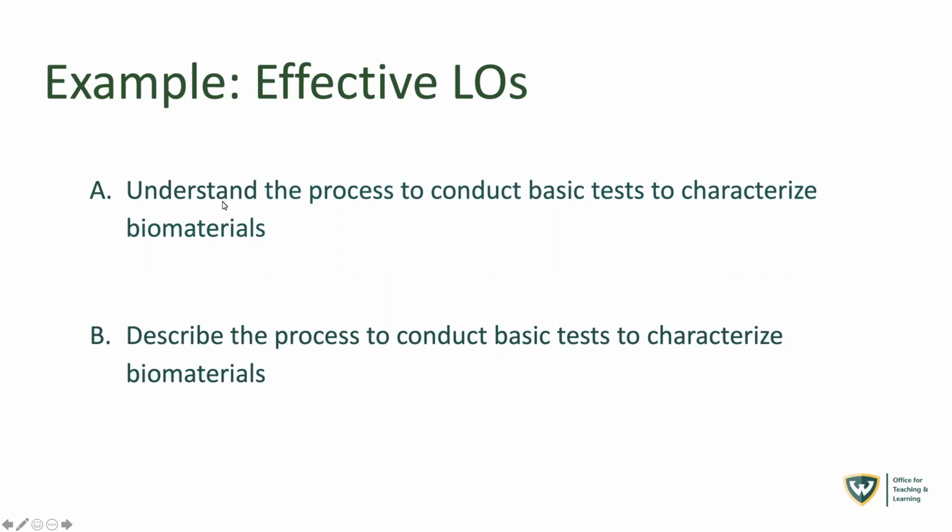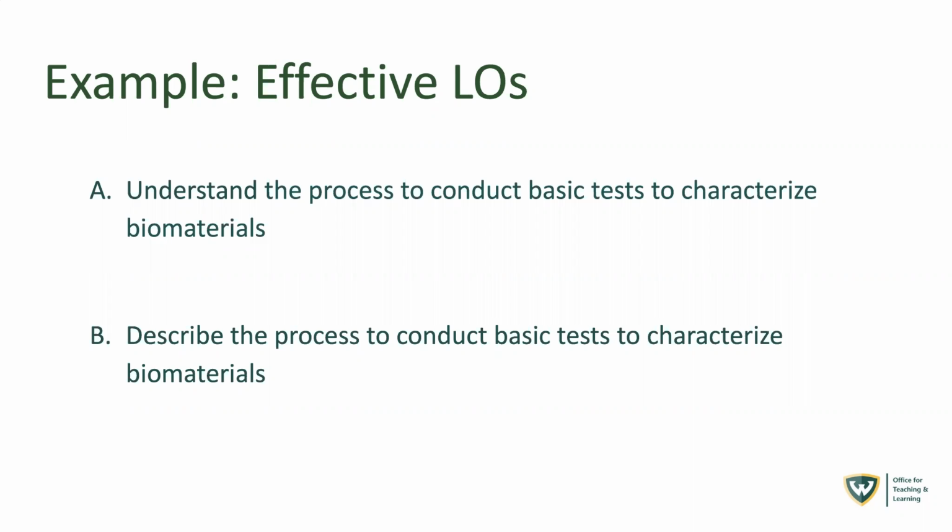Understand as a verb to begin our learning outcome. It's kind of difficult to really, how can your students prove that they understand something, right? Now, a way they could prove maybe they understand something would be by describing it, right? So this is a much more clear learning outcome.